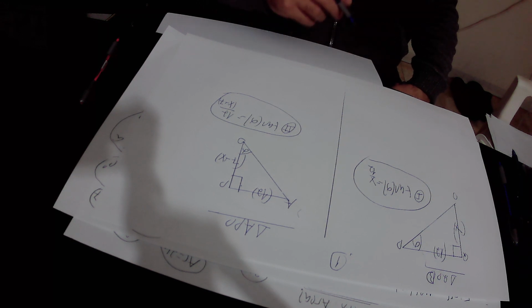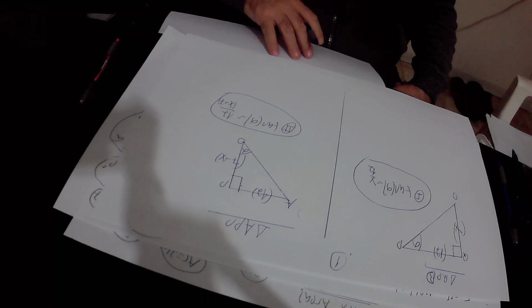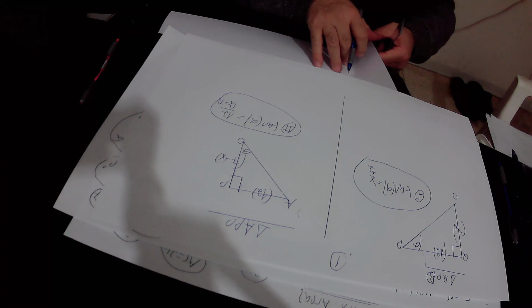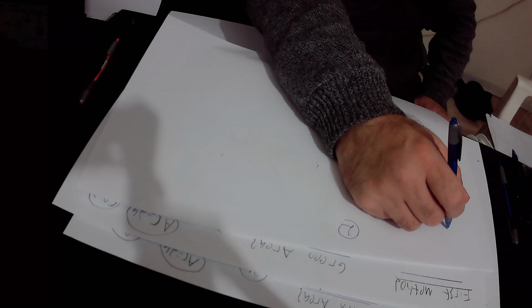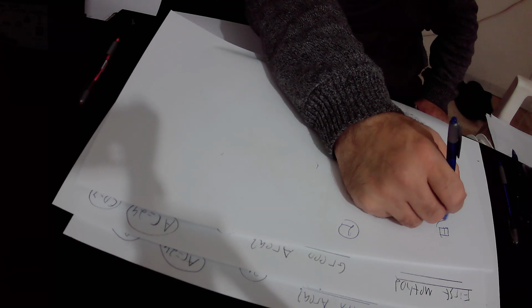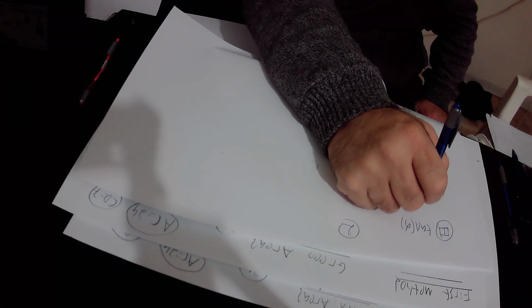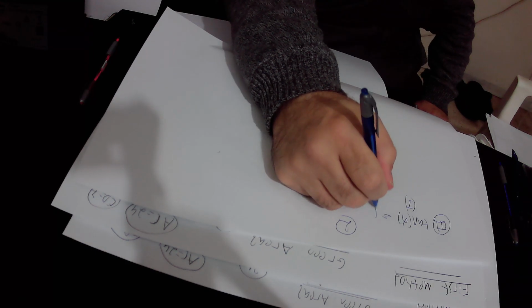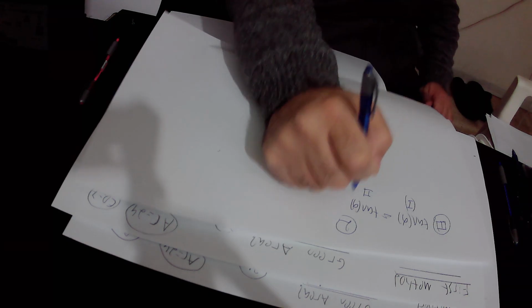So we have two different expressions for tangent alpha. Therefore, we create equation number 3. According to equation number 3, tangent alpha according to equation number 1 must be equal to tangent alpha according to equation number 2.